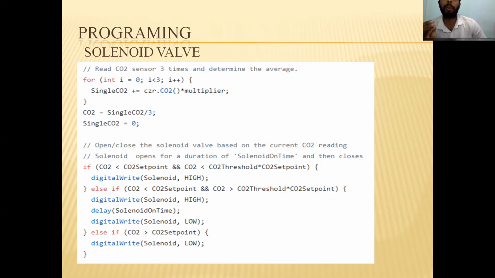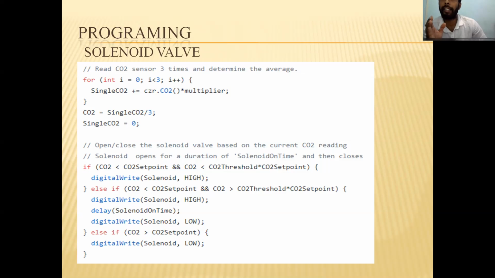If the carbon dioxide present inside is less than the set point and it is also less than the threshold point, then the Arduino notes it down and it will supply current to the solenoid valve, sir, and thus the solenoid valve opens. And if the percentage of carbon dioxide is greater than the set point and it is less than the threshold point, then also it will turn on the supply for the solenoid.